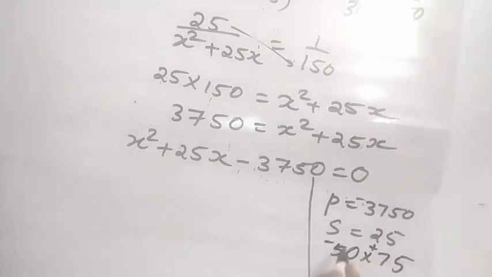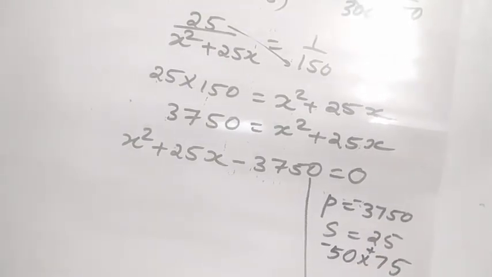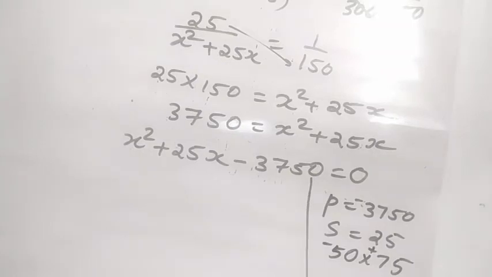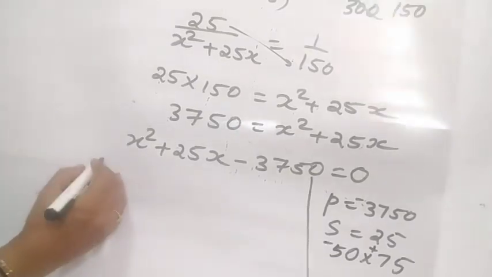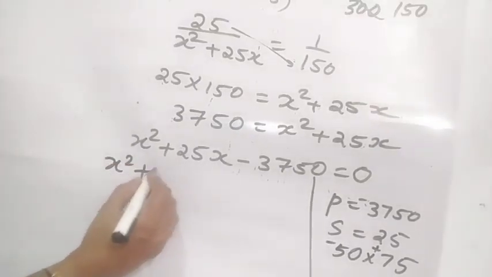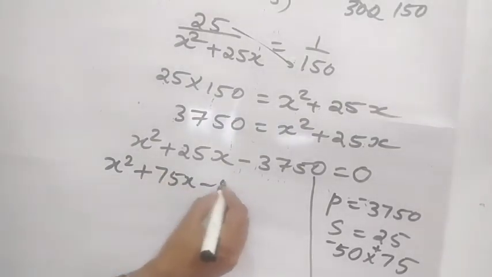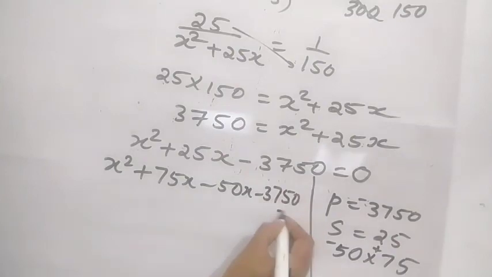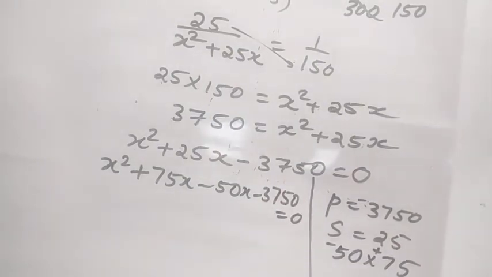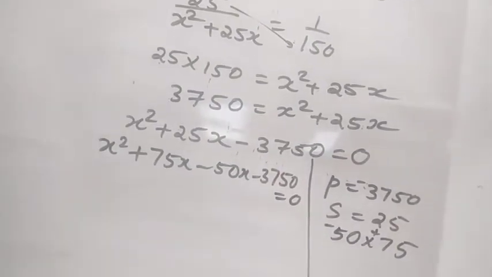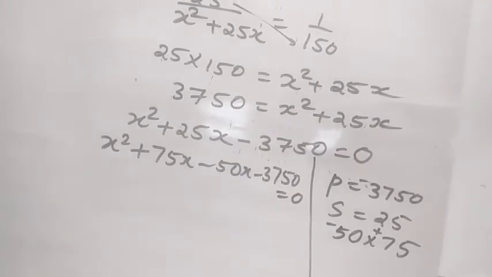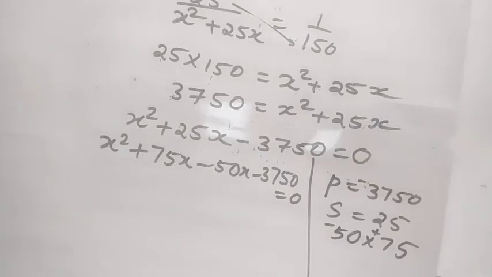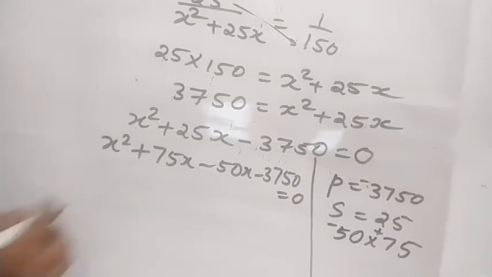It's plus 25, so the larger number will be plus. So we can write x square plus 75x minus 50x minus 3750 equal to 0. You can do the factorization. If it's difficult to find the numbers directly, then you do the factorization of 3750 and group the prime numbers by trial and error method to obtain these two numbers.